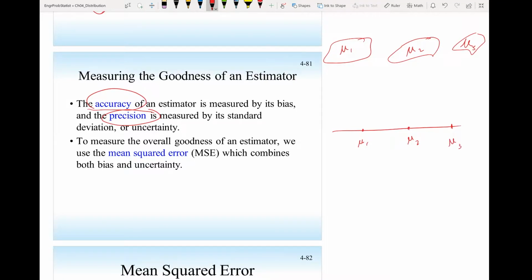You used your point estimator and estimated mu1, mu2, and mu3 to be these values: mu1 hat, mu2 hat, mu3 hat.